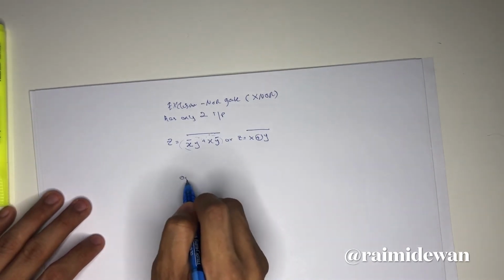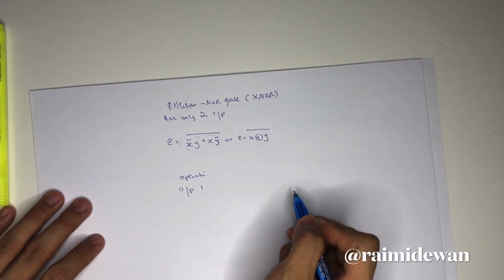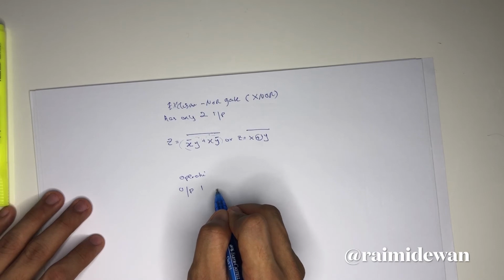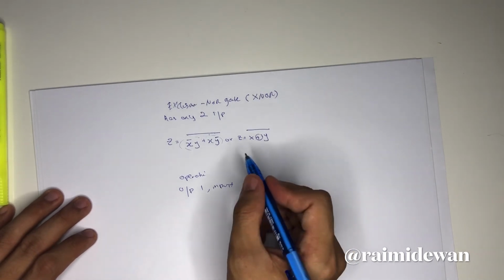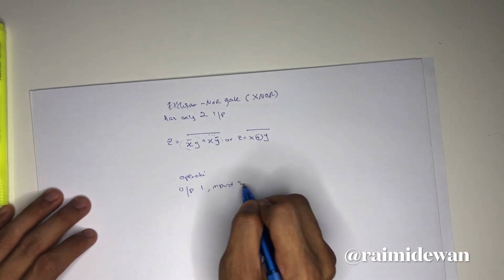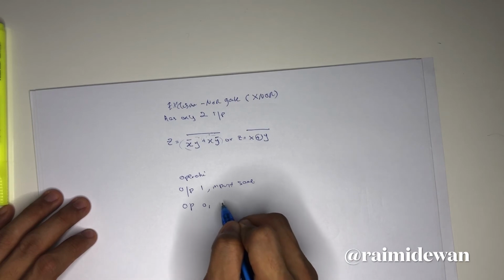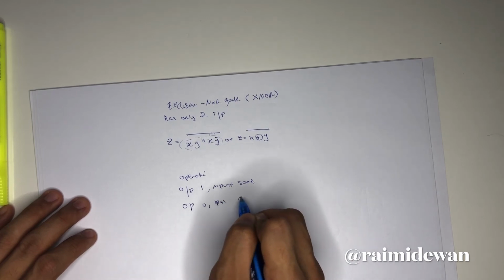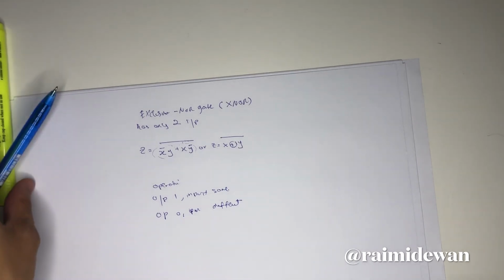For the logic operation, the z output is 1 when the inputs are the same, and you have output 0 when the inputs are different. So it's actually the inversion of XOR.